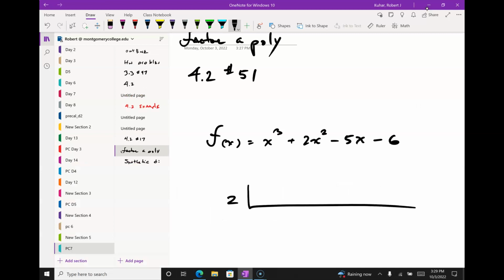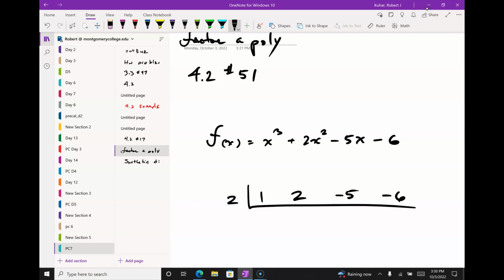So, thank you. So I'm going to start this problem with synthetic and 2. I saw 2 worked as a 0. You with me? So I got 1x cubed, 2x squared, minus 5x, minus 6. Synthetic, yes? I saw 2 was a 0, right? So what's that telling me? If I put 2 into this function, I'm going to get a remainder of 0.